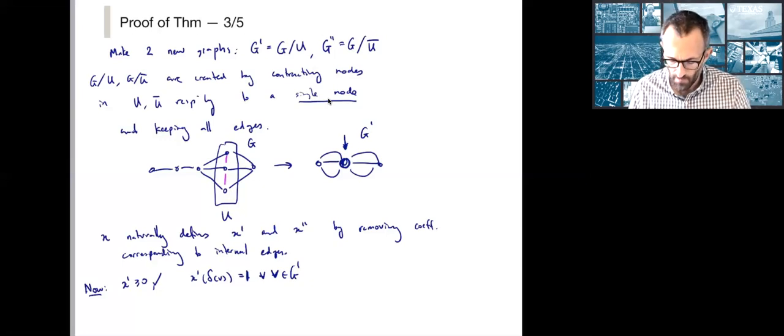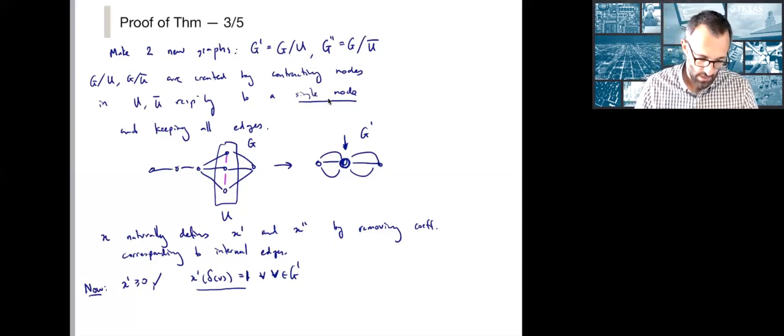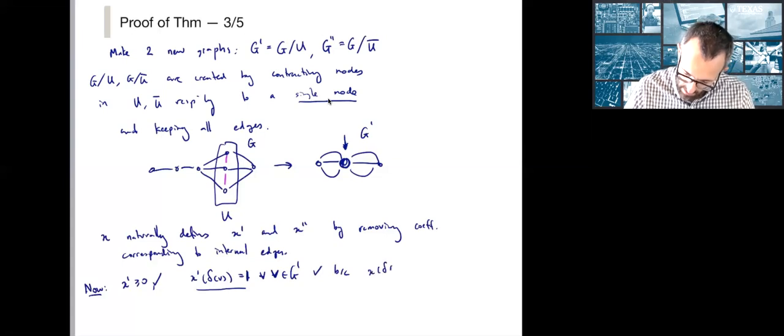But why do we have this? Again, for any node that's not the collapsed node, it's obvious. And for U, why is it obvious? It's obvious exactly because we chose U because it was a tight constraint. U is not just any odd cycle. It is tight. So again, this is true because X of delta of U is equal to 1 by our assumption.